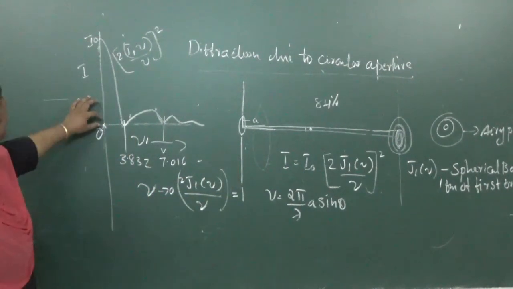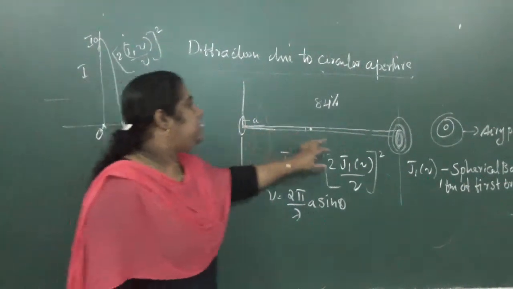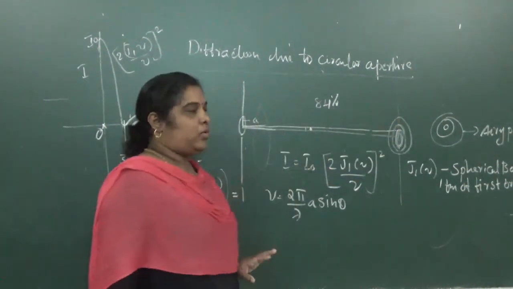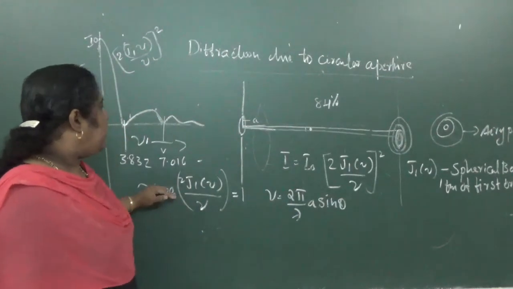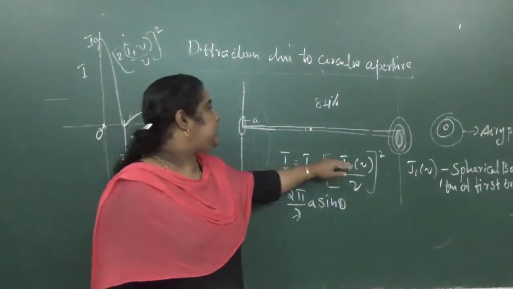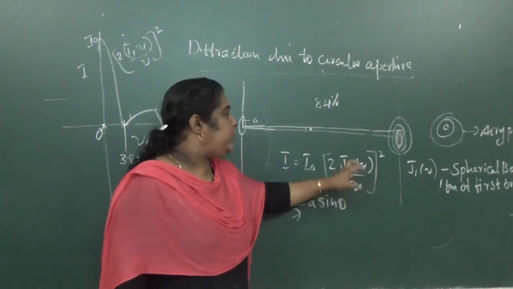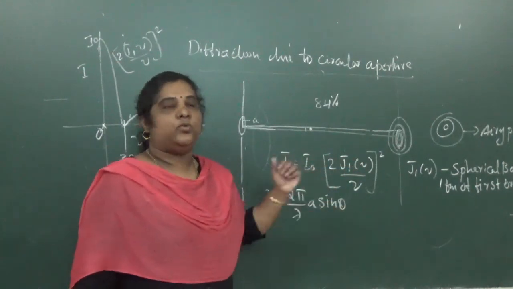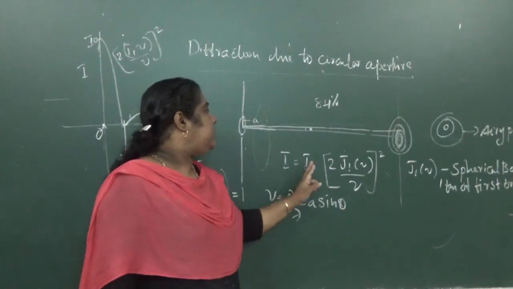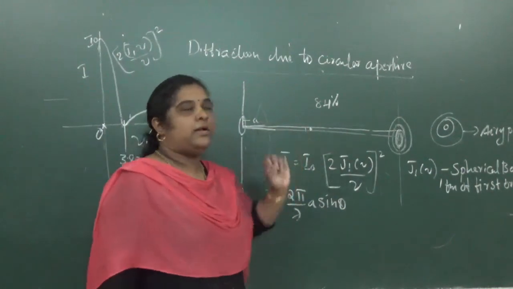So at the central point, when theta is equal to 0, nu tends to 0, we have intensity (2 J1 nu by nu) all squared, and 2 J1 nu by nu tends to 1. So you will get I is equal to I0 for this central maxima.